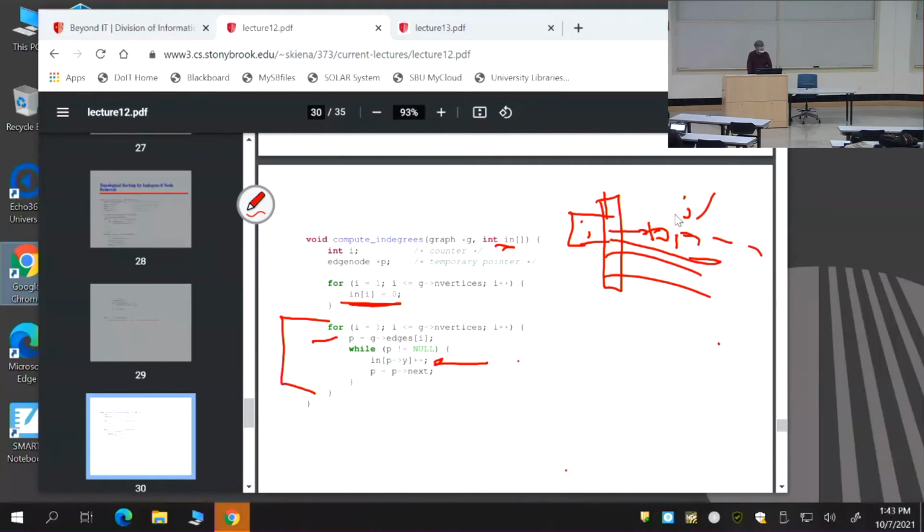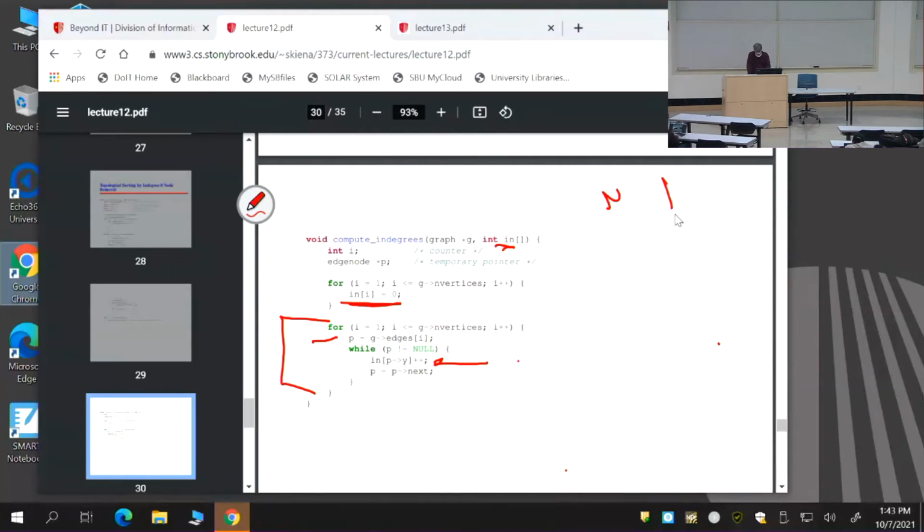What is the running time to compute this vector of all the in-degrees? If I have a directed graph on n vertices and m edges, how much time does this take to compute the in-degree of every vertex? O of m? N plus m.